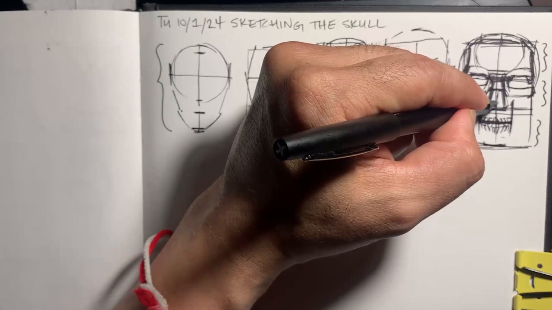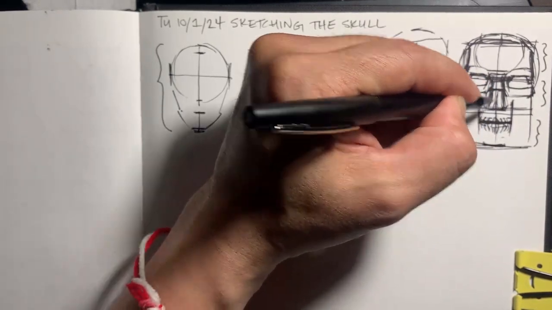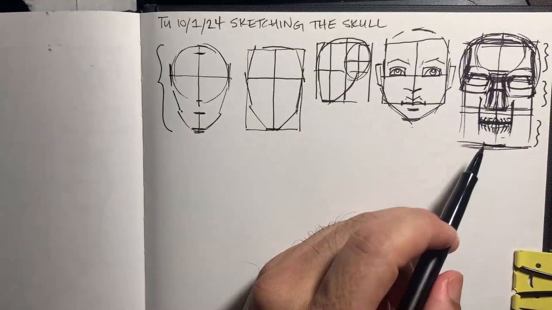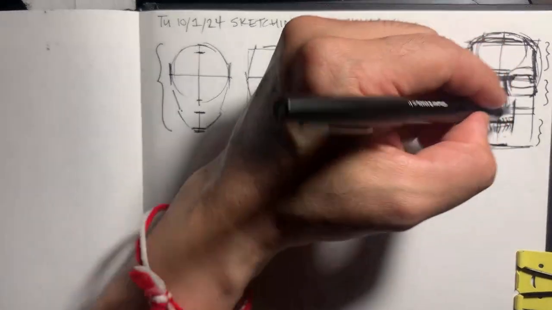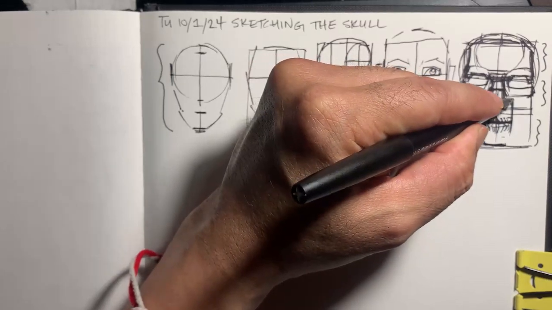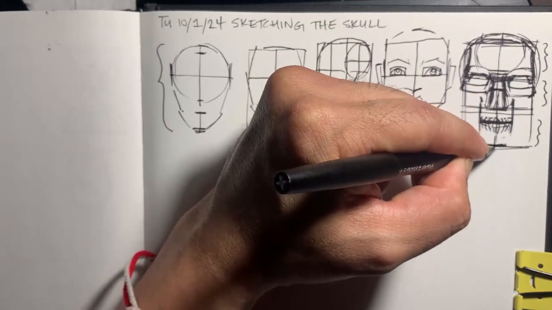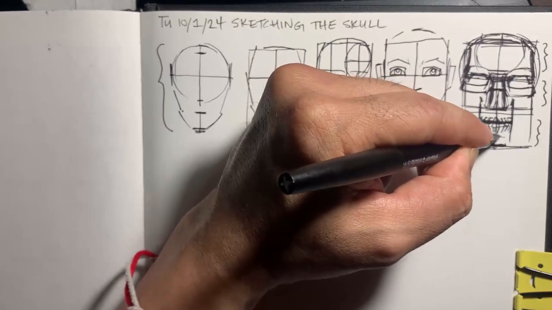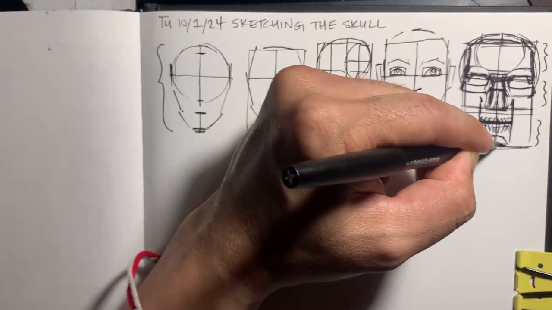And so you're not going to need to know every detail, and you're not really trying to make the best looking skull, but you're trying to make it look structurally sound. So this is the cylindrical form here of the mouth, and then the chin, and this helps to understand the structure.